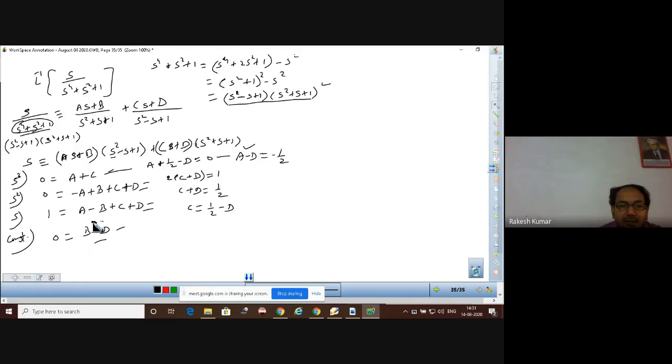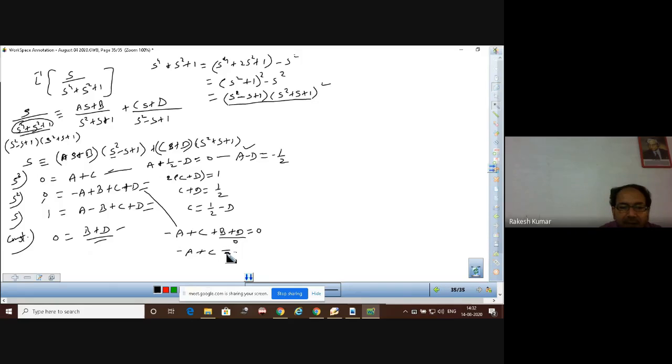Ultimately, you can leave it. Now we have this equation, this one. Just see the equation. In the equation, we have minus A plus C plus B plus D is equal to 0. What is the B plus D? That is 0. So you can substitute the value. B plus D is 0.